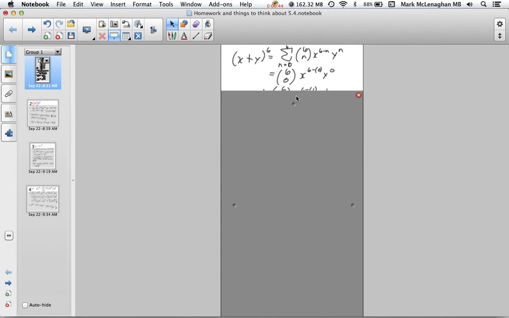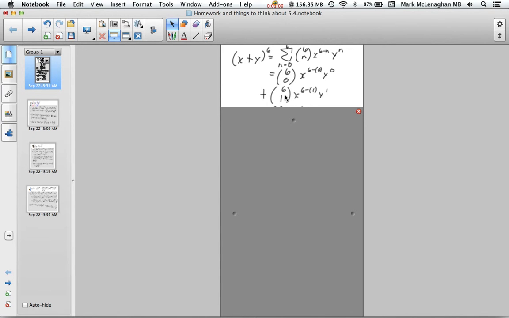Okay, if we start expanding that, first n takes the position of 0, so wherever the n was, we write a 0. So 6 choose 0, x to the 6 minus 0, y to the 0. Now n equals 1, so we repeat that. So we have 6 choose 1, x to the 6 minus 1, y to the 1.